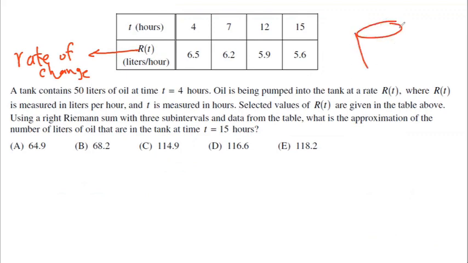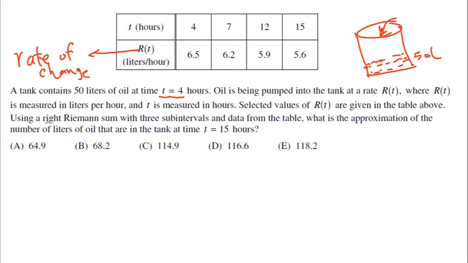So we have some tank that already contains 50 liters of oil at time t equals 4. That's when we start to record time, t equals 4 hours. Oil is being pumped into the tank at a rate r of t, where r of t is measured in liters per hour and t is measured in hours. Selected values of this rate are given in the table.